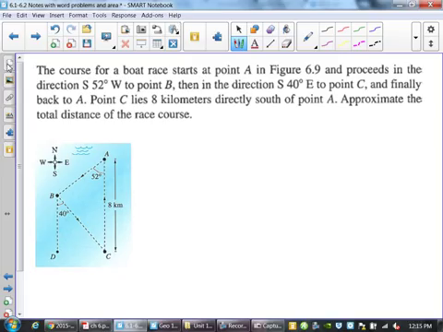So remember, when you're plotting these out, if you're starting at point A, and you're going to go south 52 degrees west, that means here's your south, and then your 52 degrees west, to point B. From there it says you're going south 40 degrees east.